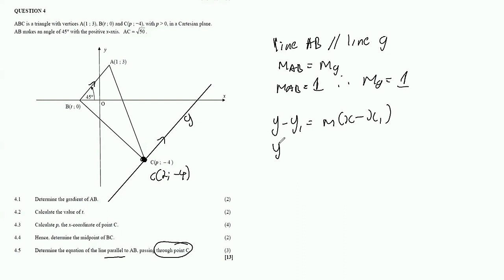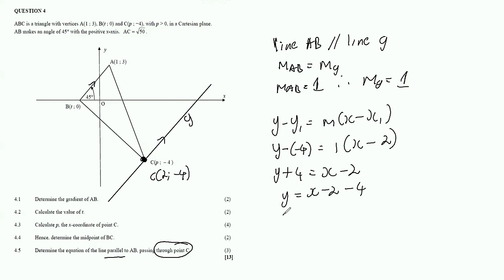We have y minus -4 is equal to our gradient 1, times x minus 2, right? Then we have y plus 4. 1 times x is x, 1 times -2 is -2. So we transpose the 4 over to that side, that's x minus 2 minus 4. So our y is equal to x minus 6.